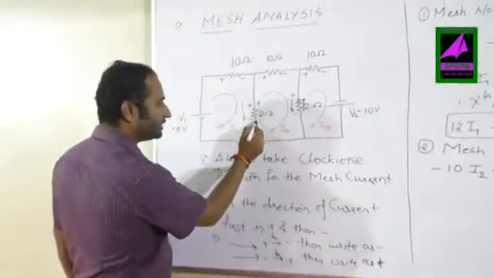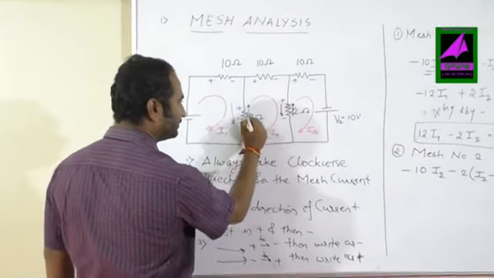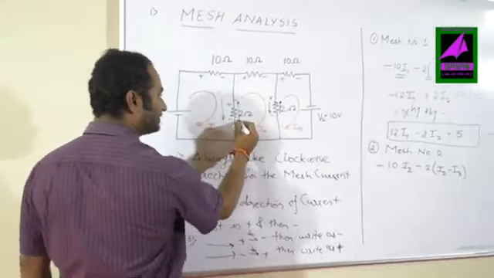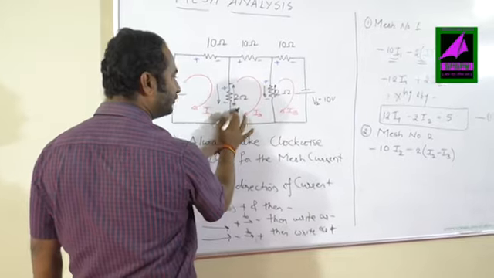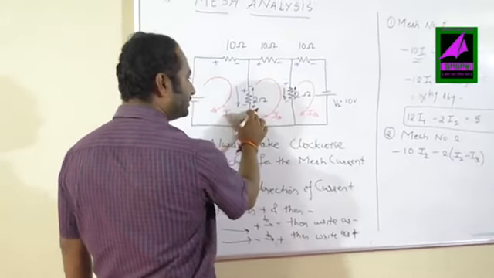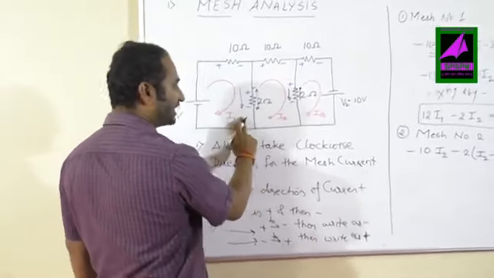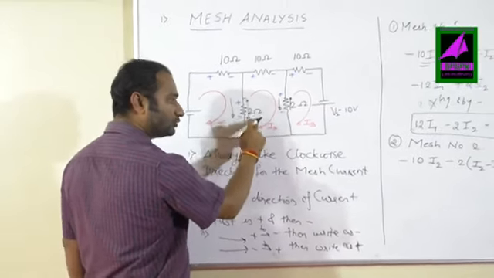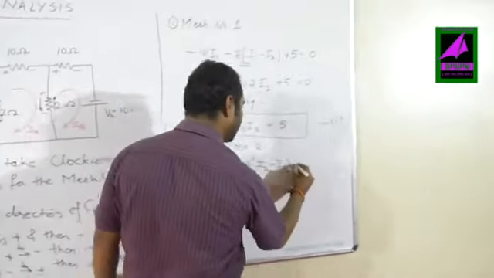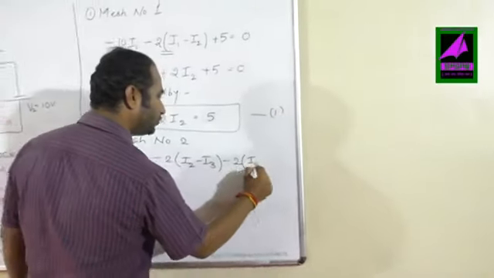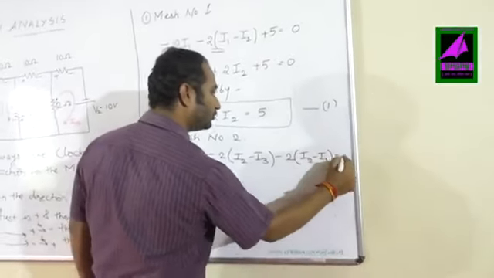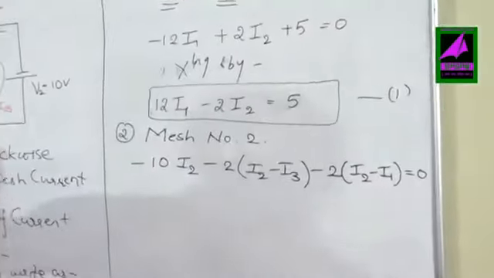Then if you come here, this is also plus minus because the current is going like this. Then again there are two currents which are moving through this particular resistor. So we will take I2 minus I1 because I am talking about mesh number 2 this time. So this becomes minus 2 times of I2 minus I1 must be equal to 0, as there is no voltage source in this.